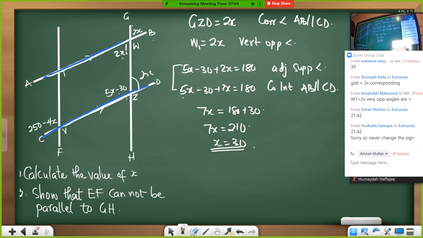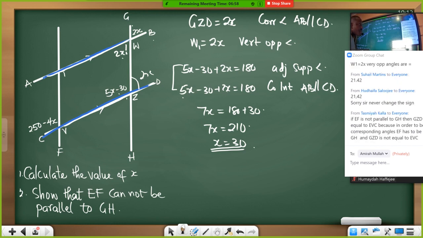Alright. Show that EF cannot be parallel. Let me see. If EF is parallel to GH, then GZD should equal EVC, because in order for it to be corresponding, EF has to be parallel, and GZD is not equal to EVC.